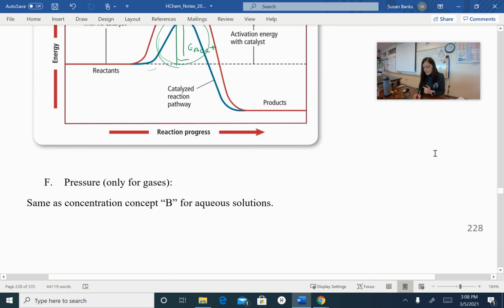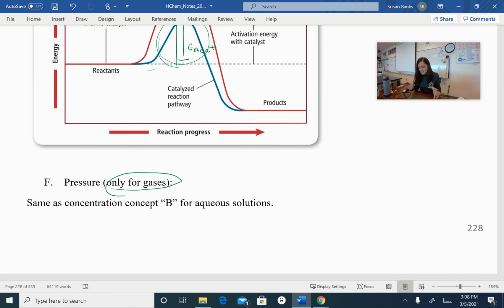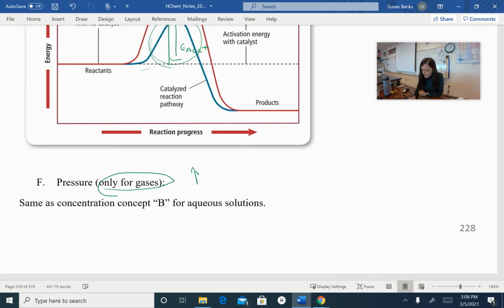Pressure, this only happens for gases, okay? It's the same as concentration. Think about gases. If I put a lot of pressure, don't I push those gas molecules together? I increase the concentration. So if I increase the pressure for a gas, I also increase the concentration. If I decrease the pressure for gases, it's the same as letting those gases expand.